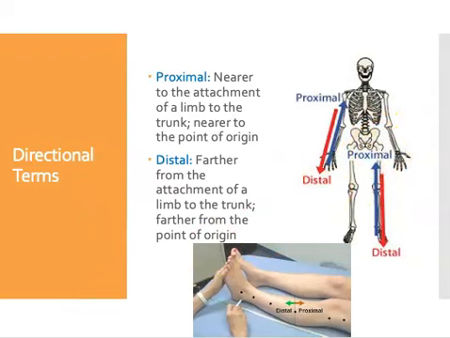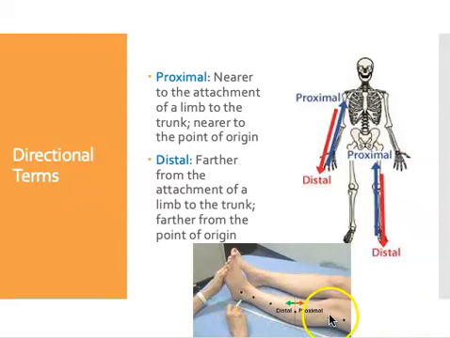You can see on the lower drawing an actual photograph of someone's legs, and there are dots drawn all the way up the leg. You can describe any one of these points in relation to any other point as being proximal or distal to each other.